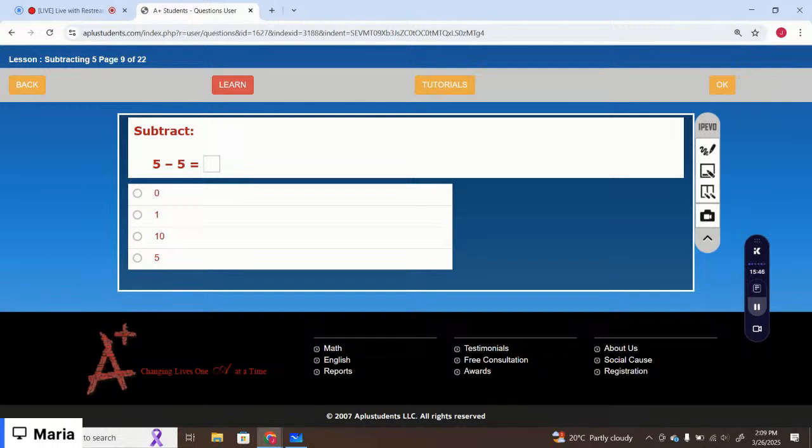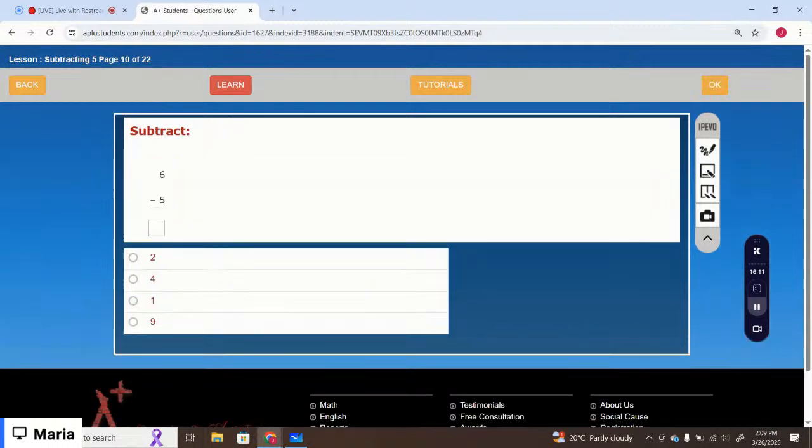5 take away 5. 5 take away 5 is 0. Option number 1 is the correct option. 6 take away 5. 6 take away 5 is 1.